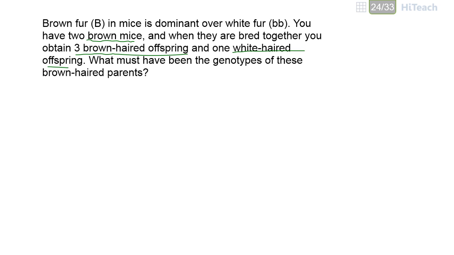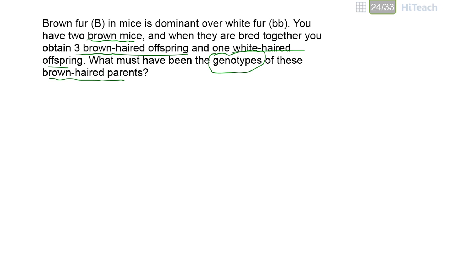So 3 of these offspring have the dominant phenotype, brown fur, and one of them has white fur. What must have been the genotype of these brown-haired parents? I'm asking about the genotype.